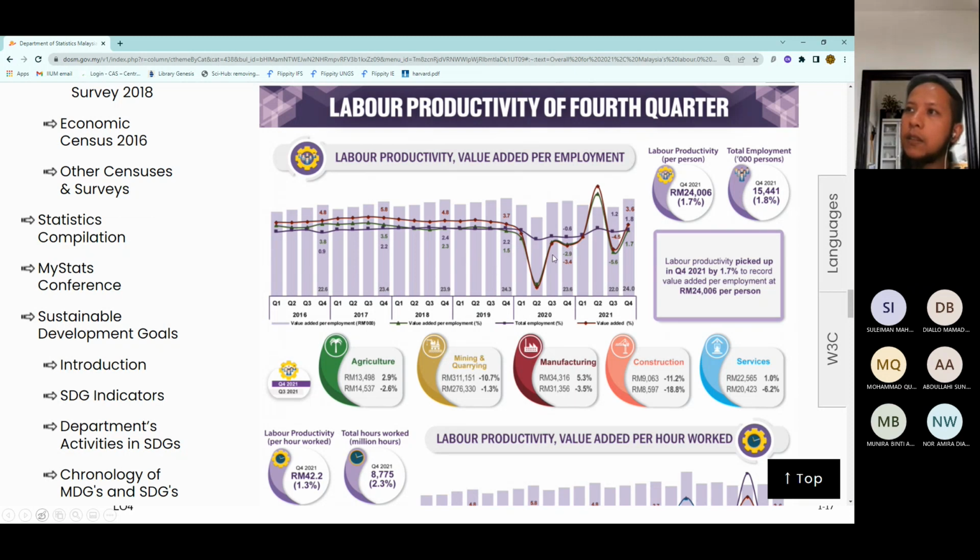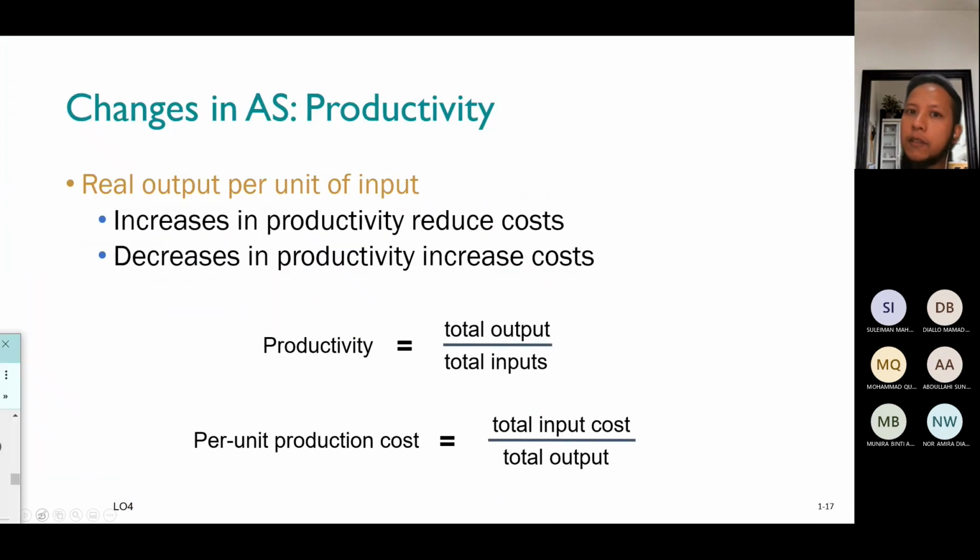After the economy opened up, the productivity increased, but then we had another lockdown, and this reduced again, but now we are picking up again. Most of the time, different countries have different departments that calculate this, but basically you can calculate the productivity in the economy.